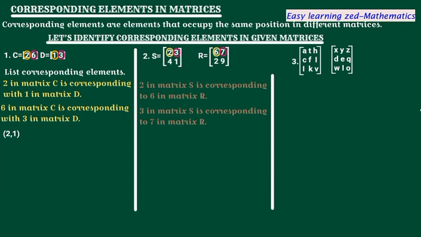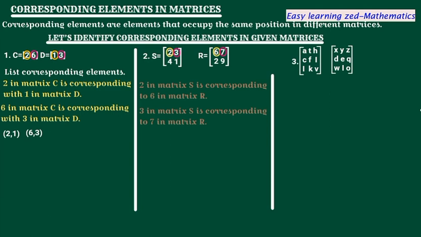Now we have listed the corresponding elements 2 and 1. We can also list 3 or 6 and 3 like this. Now we have listed corresponding elements in these two matrices.